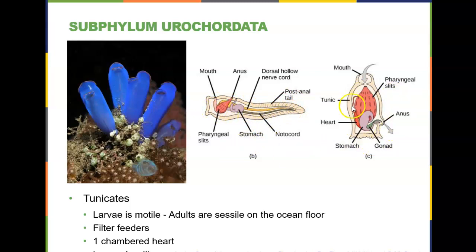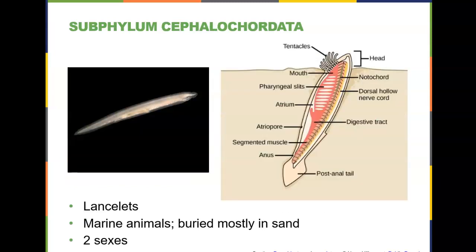Although once they develop into adults, they lose all three of those and just maintain the pharyngeal slits. These animals are filter feeders in the bottom of the ocean. They have a one-chambered heart, and they are hermaphrodites, meaning that they contain both sexes within one animal.